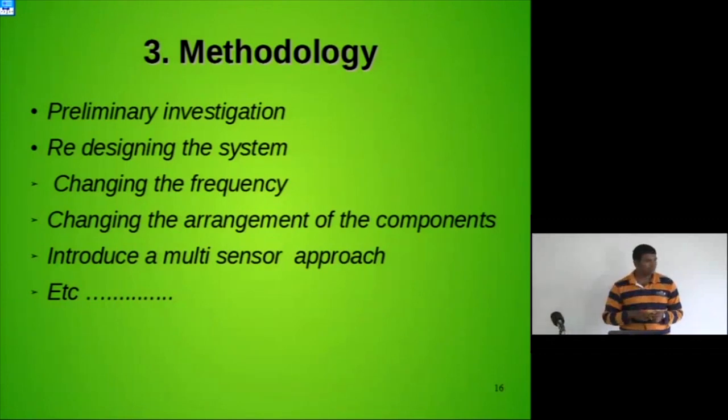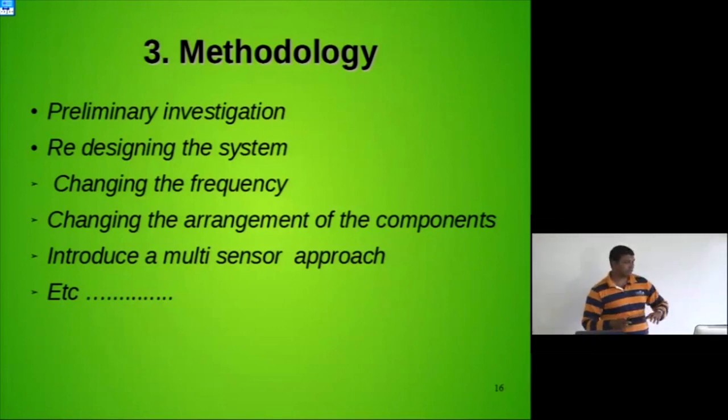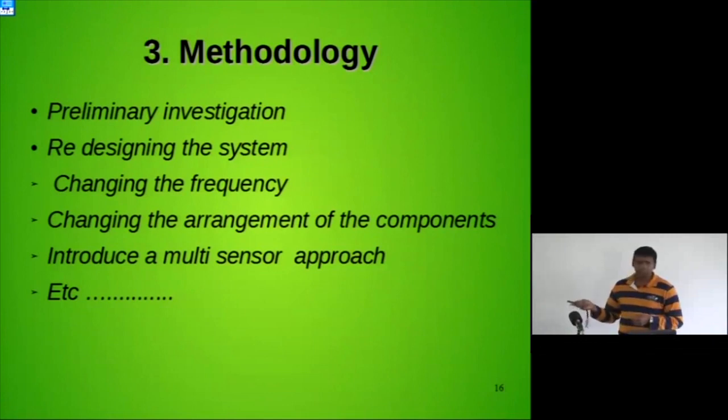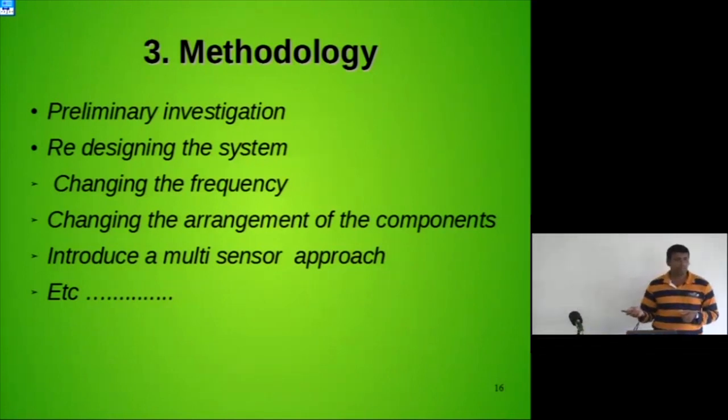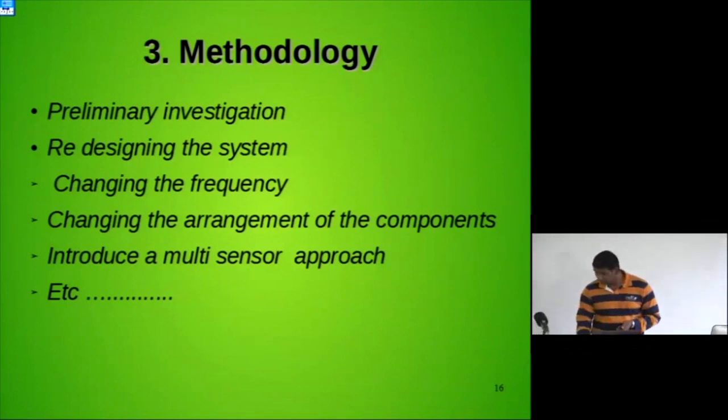Some different arrangement I'll try. And the multi-sensor approach. This means if you can't get the signal somewhere, we can use other sensors, like dead reckoning sensors or gyro sensors, to locate the robot.